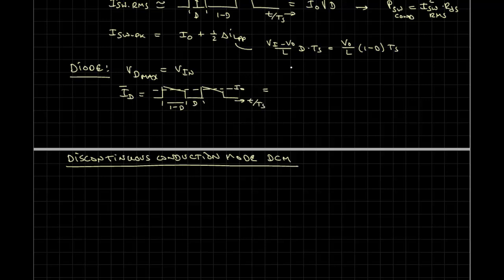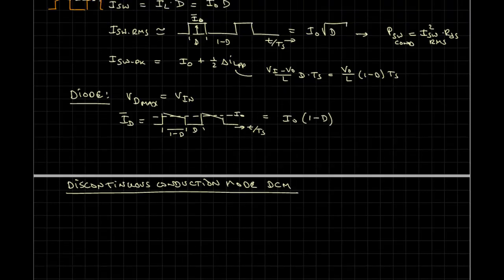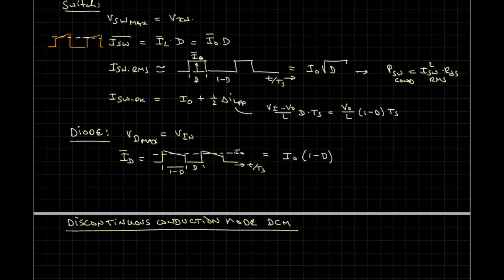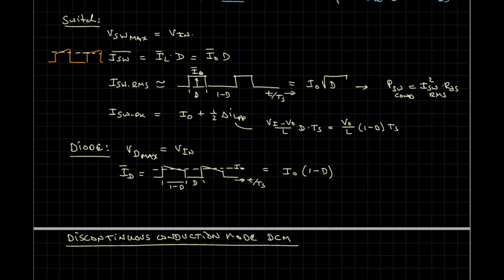So the average is simply I_O times (1 minus D), just like the switch average current was I_O times D. In the case of the diode, we're more interested in the average current than we are in the RMS current.